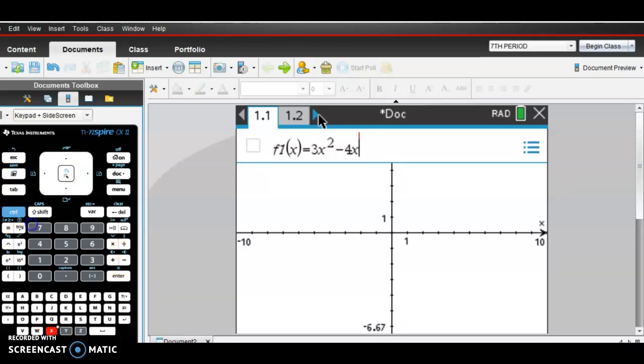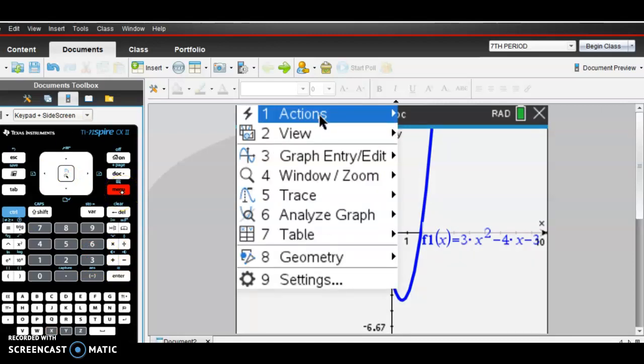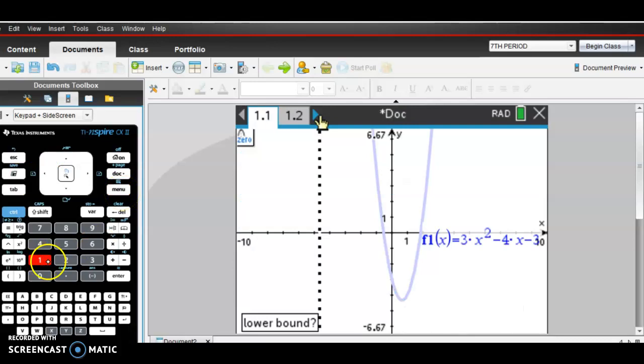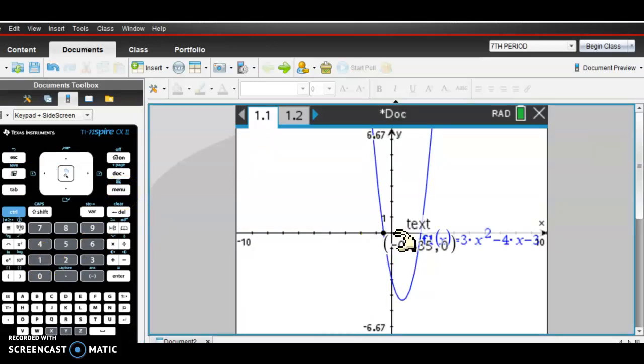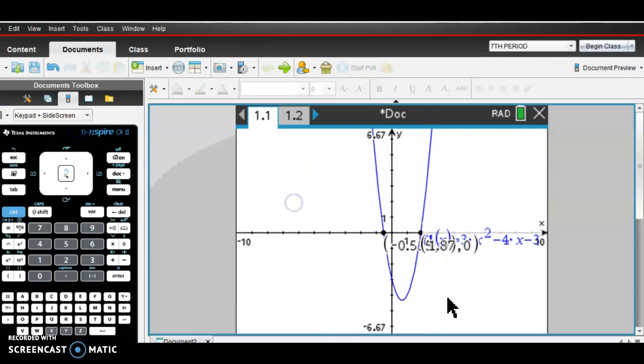And had I done this to check my work to begin with, I probably would not have made that mistake. So remember, menu, we're looking for our zeros. And then we would do the second one.